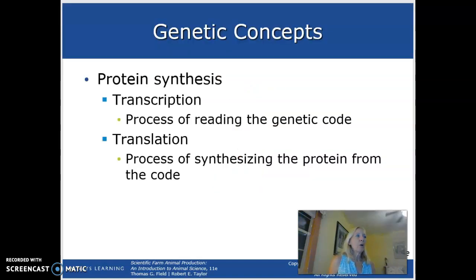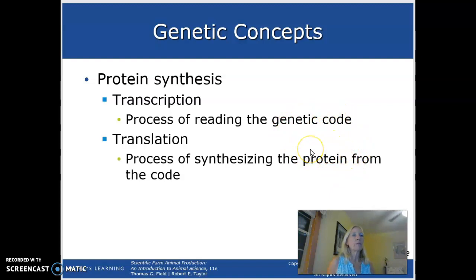Okay, so when we talk about how genes regulate things, they do that through protein synthesis. And that happens first inside the nucleus of the cell. That's called transcription. And that's the reading of the genetic code. And then there's translation, which is synthesizing the protein from the code. And they really don't teach you very much about this.